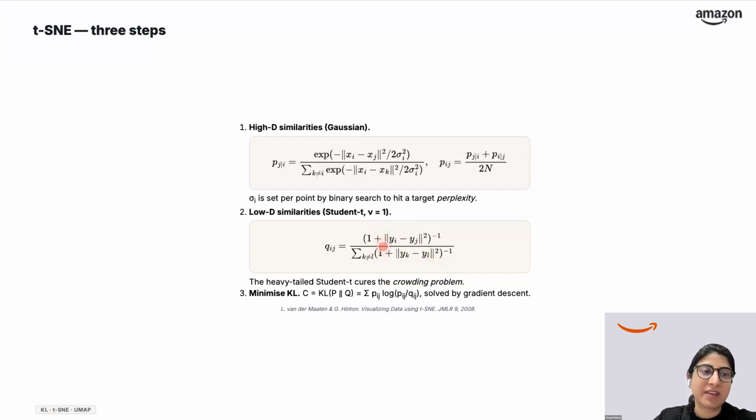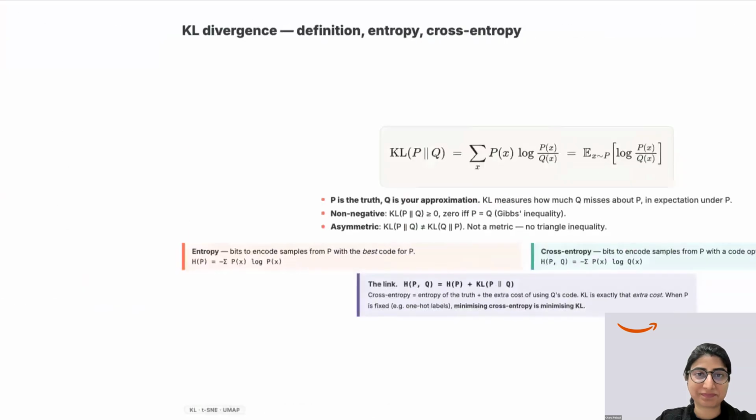So we get the high dimensional similarity and the lower dimensional similarity, and then we try to minimize the KL divergence between the two. The ys that come out are the 2D embeddings. In this algorithm, we build the Q for the embedding, and we move the embedding around such that Q matches the P distribution, and this is done by the KL divergence.